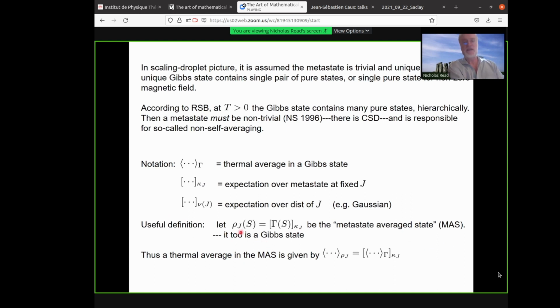And then a useful thing to define is this state rho j of S, which is the metastate average of a Gibbs state gamma of S. So that's called the metastate average state. And that's in fact a Gibbs state as well. An average in the metastate average state is given by thermal averaging in gamma, and then averaging over the metastate, the distribution of gammas.